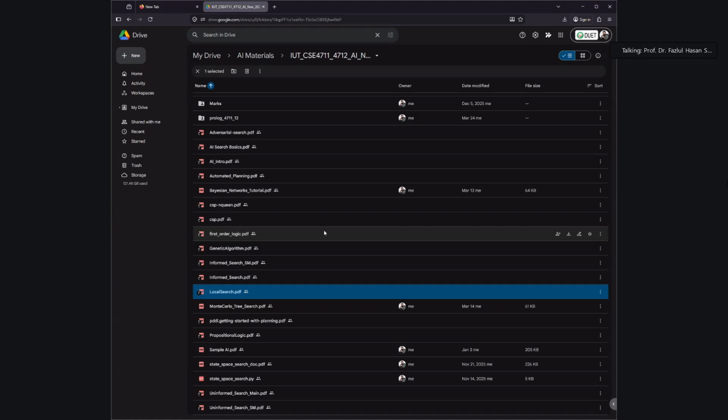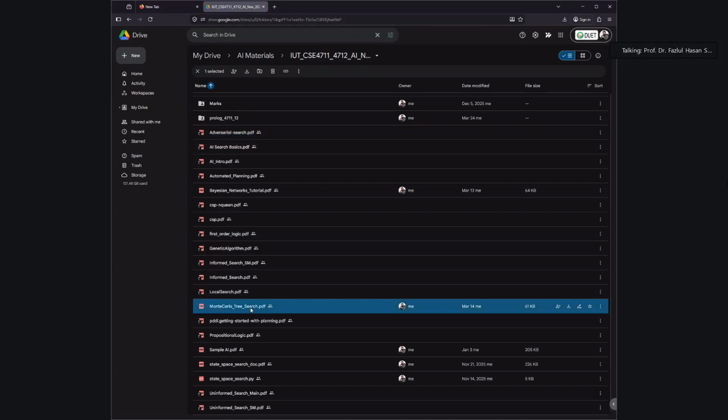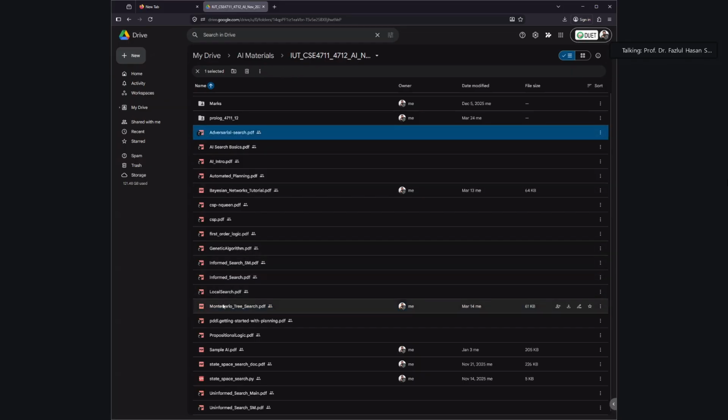Then let's go for the adversarial search. The adversarial search means the game playing search, right? Here is the adversarial search, and the Monte Carlo tree search. Both belong to the adversarial search.